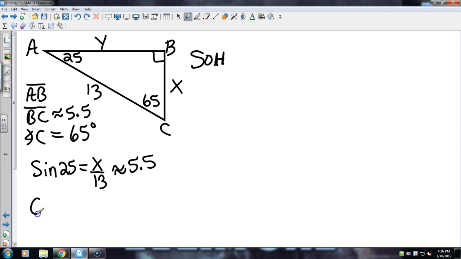So cosine of 25 equals y over 13. Cosine of 25 times 13 gives me approximately 11.8.